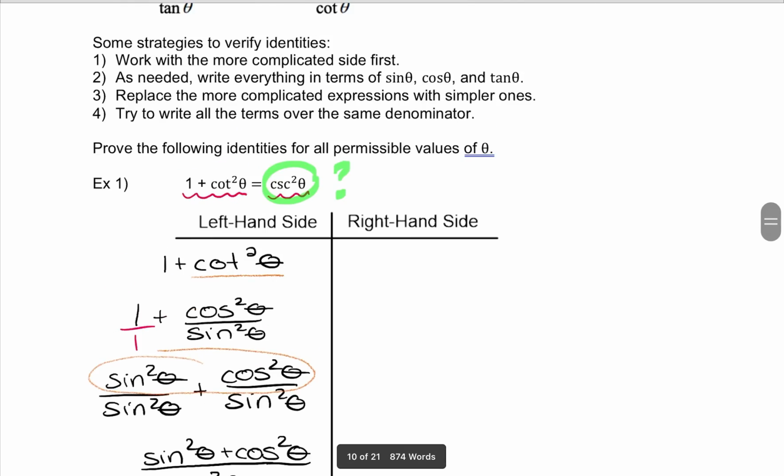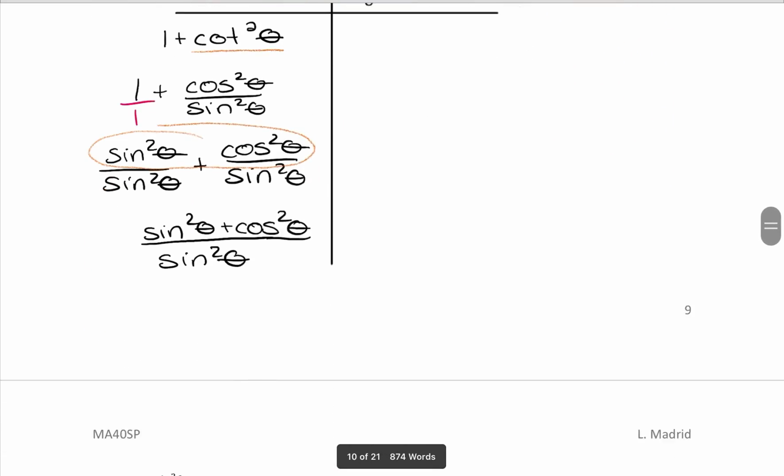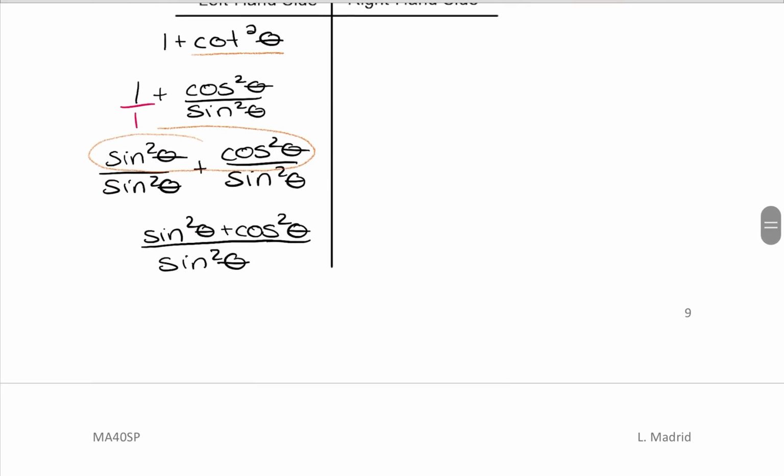Remember that if you look back up at the top, sine squared plus cos squared equals 1. So as soon as I see a sine squared plus cos squared anywhere in my identity, I can change this whole thing to 1. So instead of sine squared plus cos squared in my numerator, I'm going to have 1 in my numerator. My denominator stays the same.